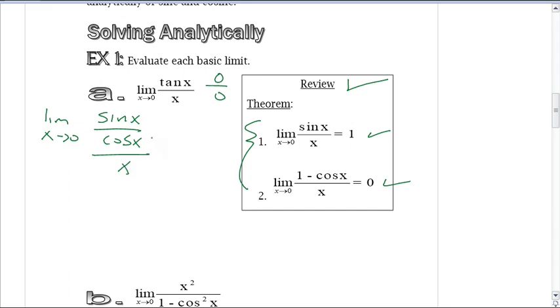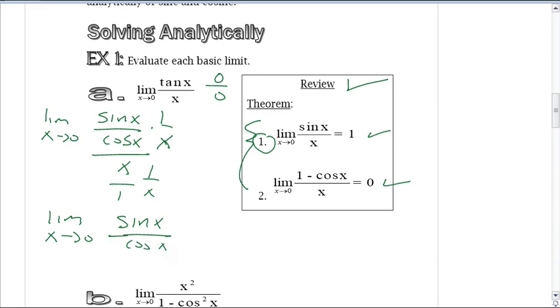So my goal is, because I don't have a 1 minus cosine x, to make it look like number 1. If I rewrite this a little bit, if I take the reciprocal of the denominator and multiply it times the top and the bottom, I end up getting the limit as x approaches 0 of sine x over cosine x times x.